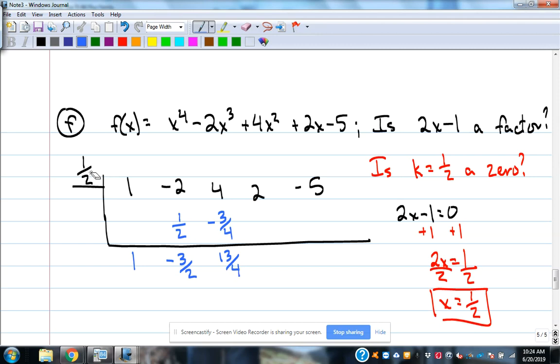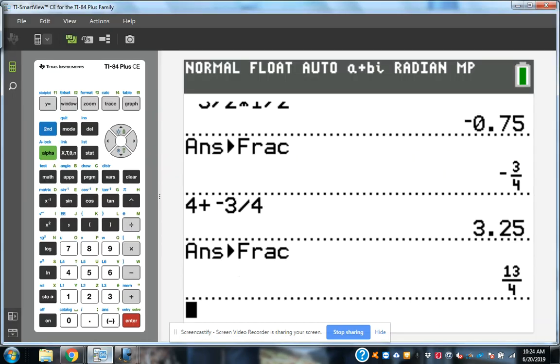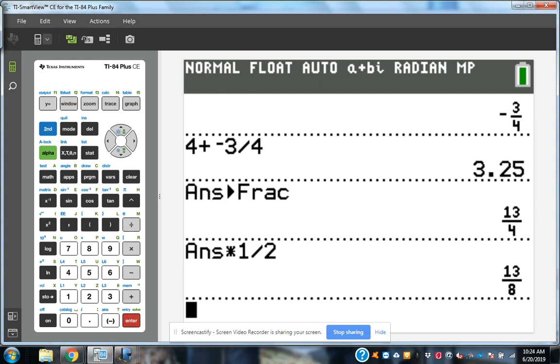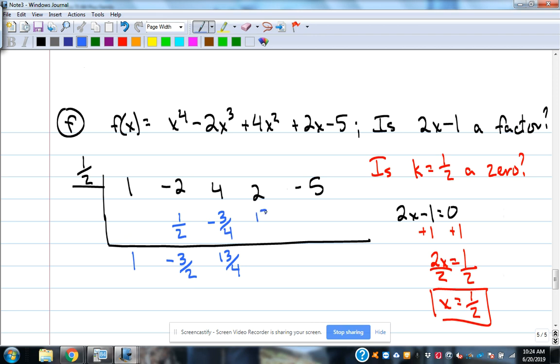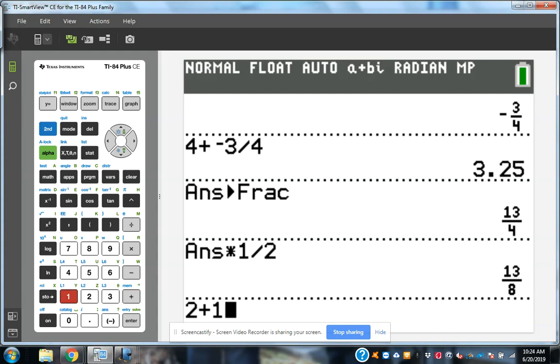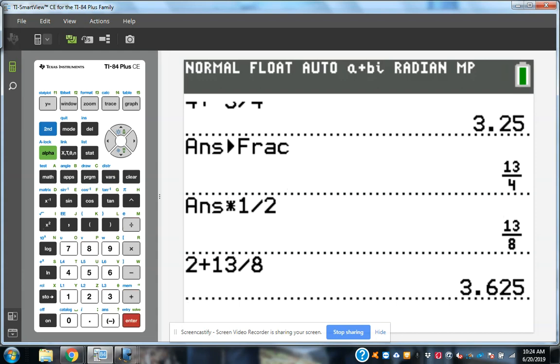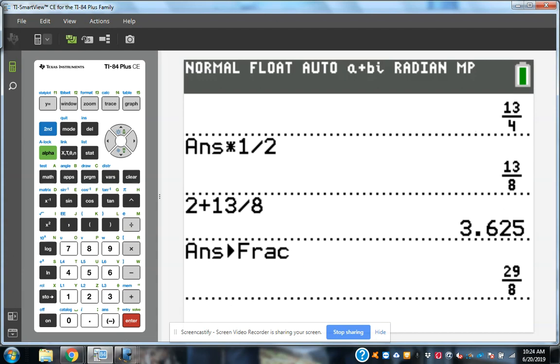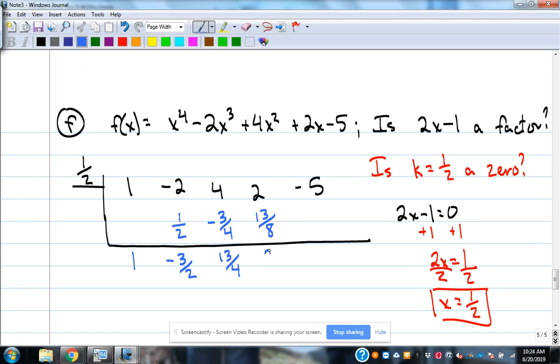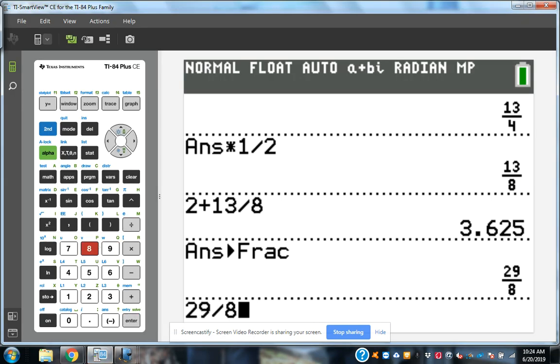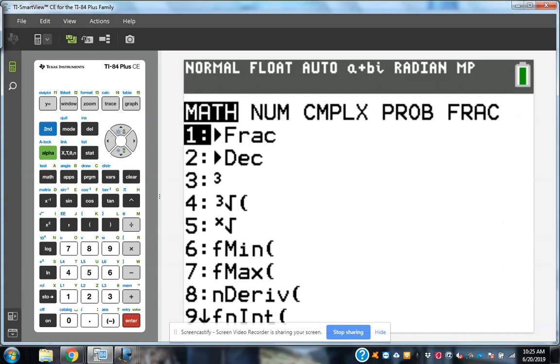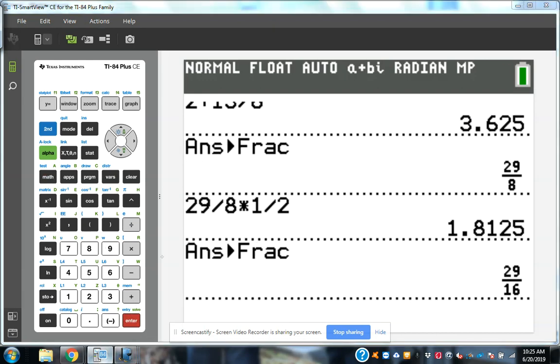And then we're going to multiply 13/4 times 1/2. 13/8. 2 plus 13/8. Math, enter. 29/8. 29/8 times 1/2. Math, enter. 29/16.